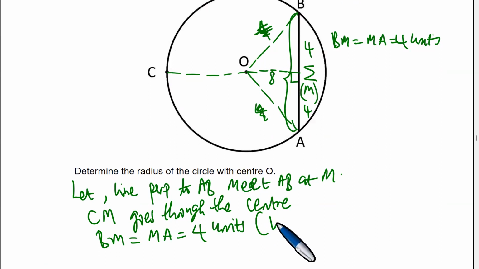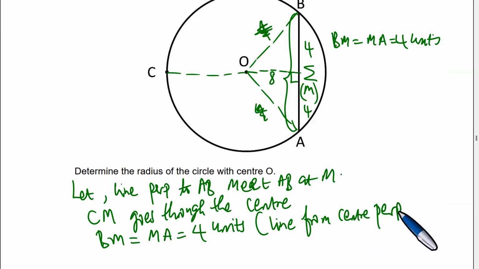Because of the line from center perpendicular to chord. Because this line is from center and perpendicular to chord, it bisects the chord.